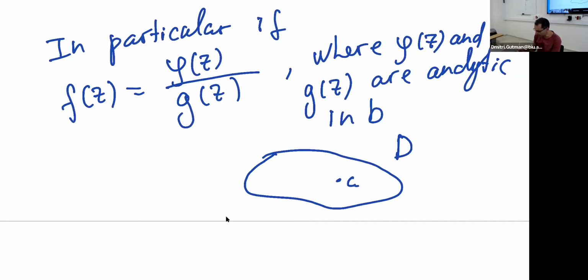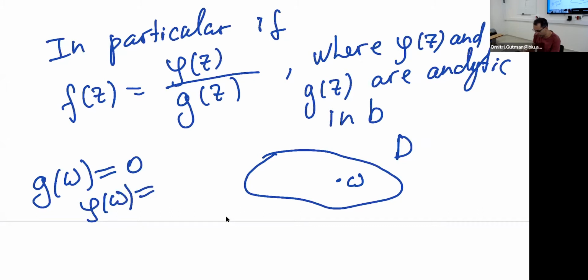There's a point w, and at this point w, the function g of w is equal to 0, while function phi of w is not equal to 0. So it means there is a pole of the function f of z at point w. And the degree of the zero of the function g at w determines the degree of the pole of the function f of z. Okay, are you happy with this? Is this clear?